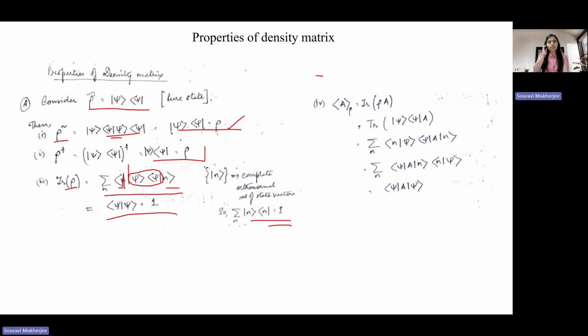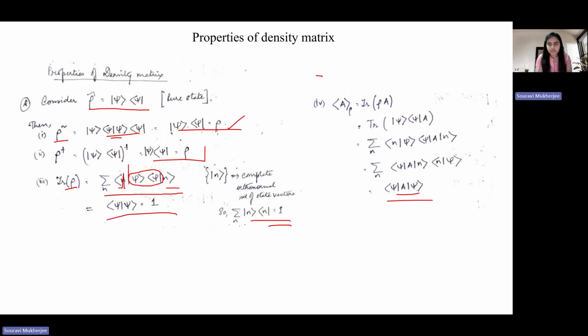Now, if you know the density matrix, you can also find the expectation value of an operator. Suppose you have some operator A and you want to find its expectation value, that means some average value of that observable. How do you do it? Normally, if your psi is already normalized, this is how it looks.